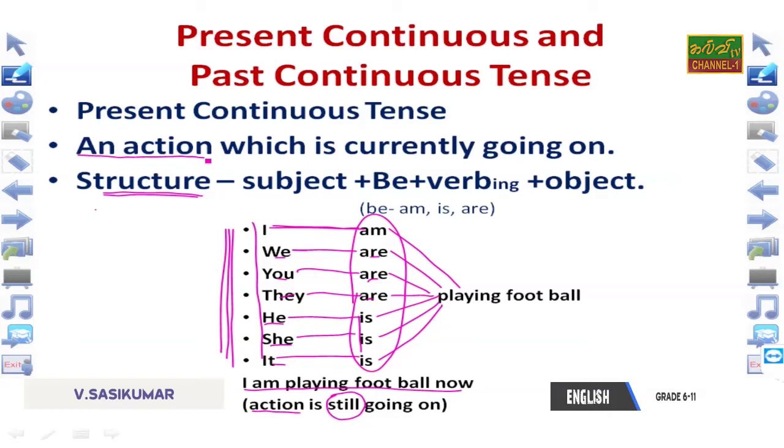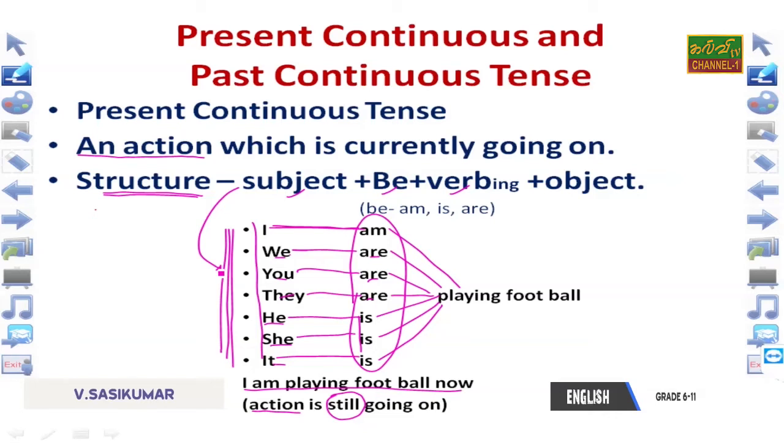Under this section we should know the structure. The subject is there, and then immediately we can write the be verb, and then verb 1 plus the ing form, finally the object. We can write it there. That's why the sentence has been written by me.